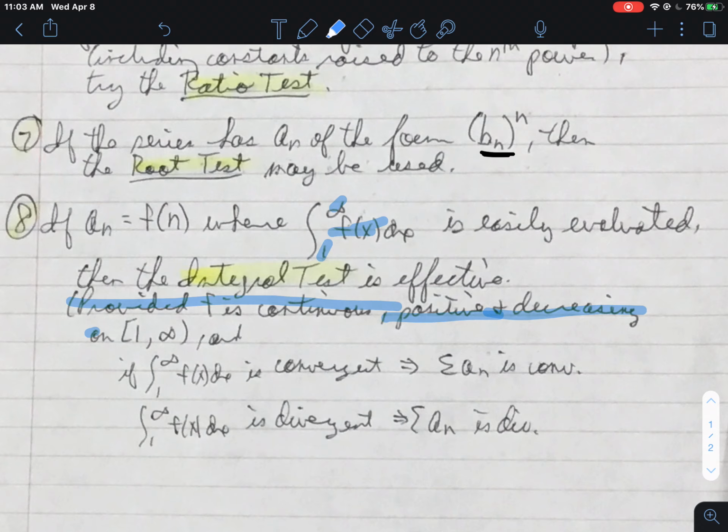Then if the integral is convergent, the series is convergent. If the integral is divergent, the series is divergent.